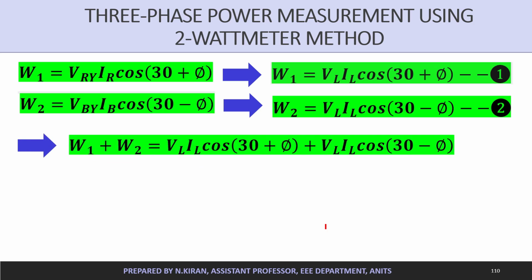If I add both the equations, W1 plus W2 will give me VLIL cos of 30 plus phi plus VLIL cos of 30 minus phi.